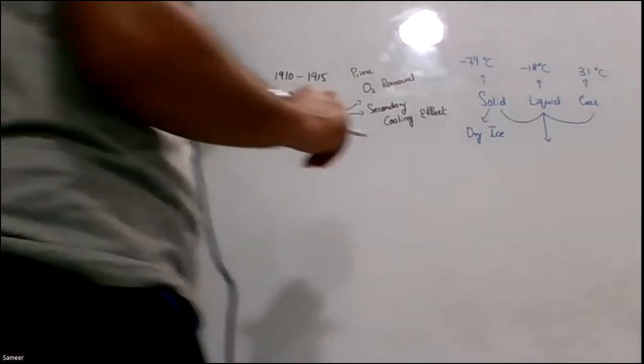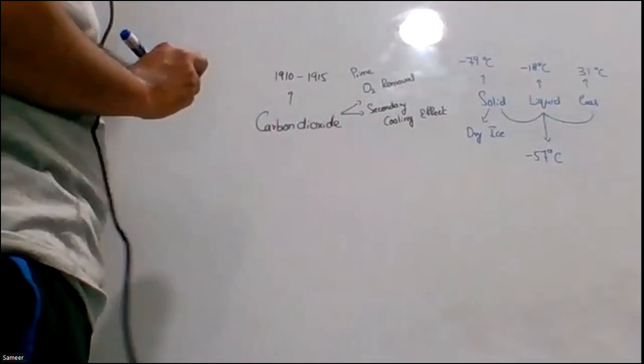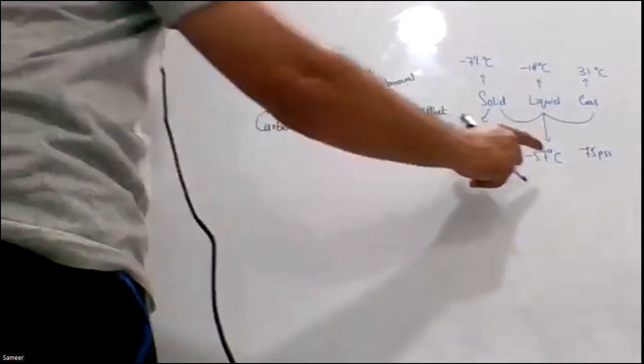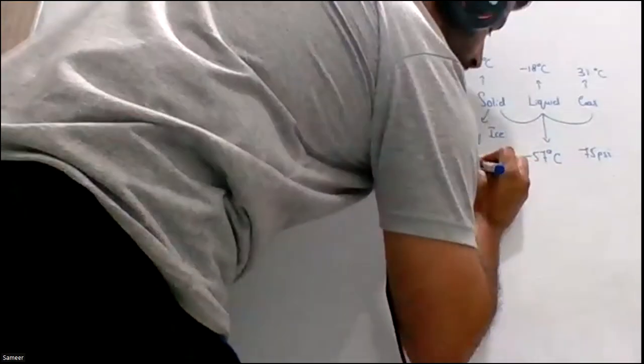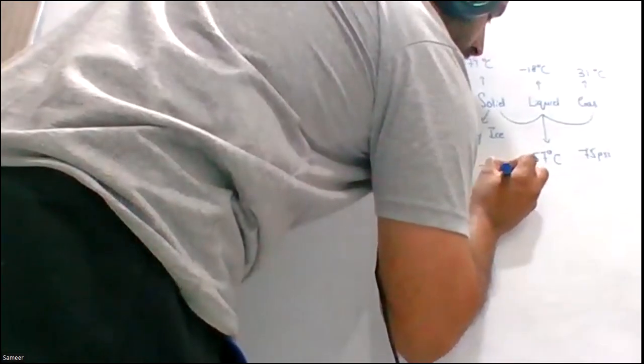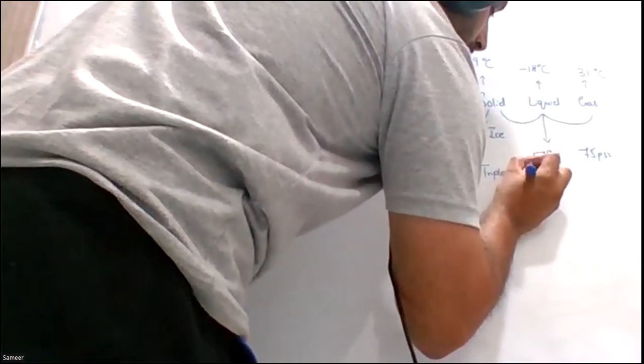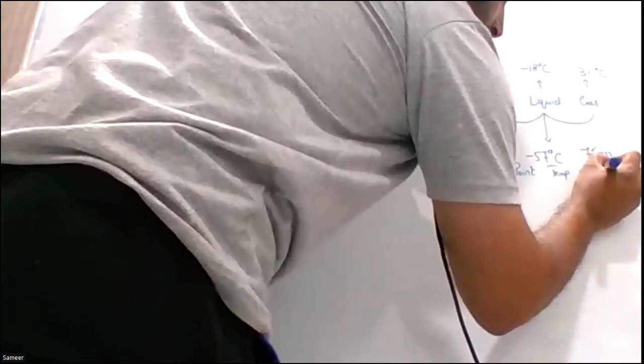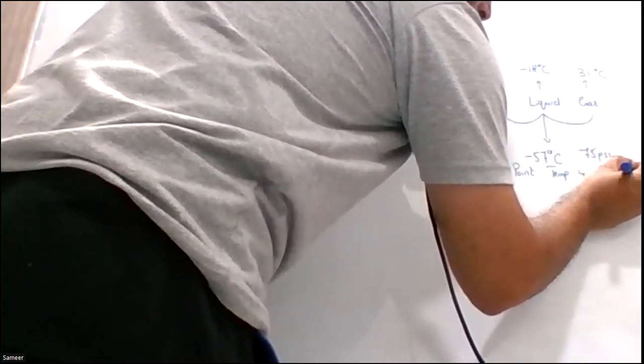So the triple point of carbon dioxide occurs at minus 57 degrees Celsius, at a pressure of 75 psi. So this is the triple point temperature and pressure of carbon dioxide.